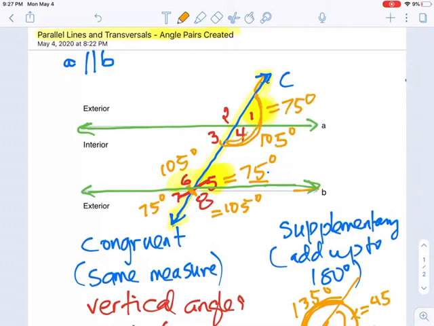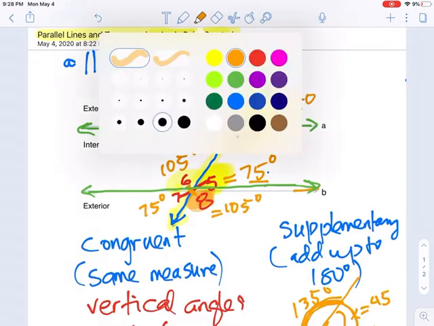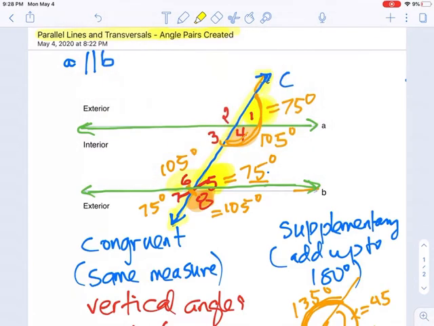And then if we knew 4, we could also have known 8, because look at how 4 is sitting on the bottom of the parallel line, and 8 is also sitting on the bottom of the parallel line. So we could use so many different relationships to find out. So knowing 1, we knew 5, and 5 and 1 were corresponding angles.